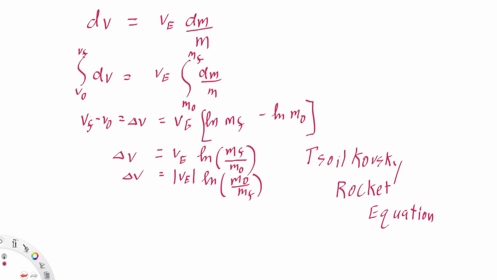So that's what it means if you need more delta v. And even though delta v is literally a velocity, it's frequently useful to talk about distances in the solar system in terms of how much delta v you need to get there.